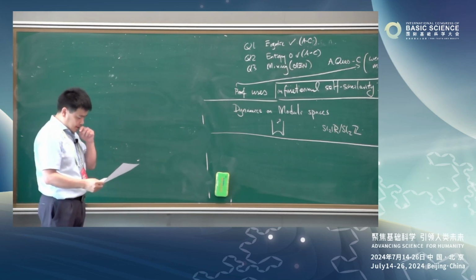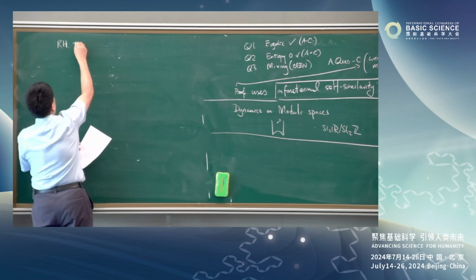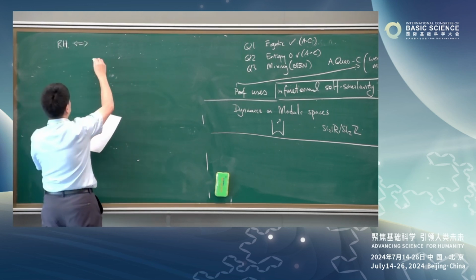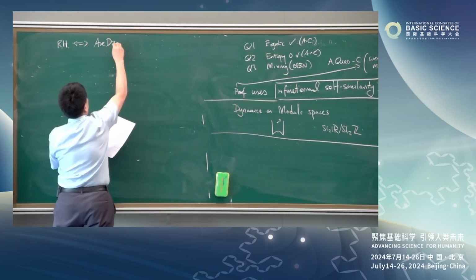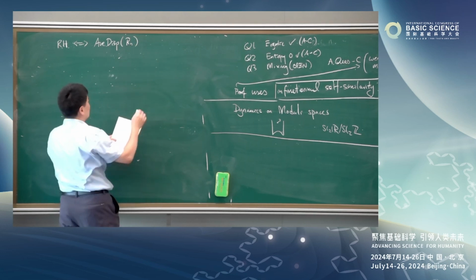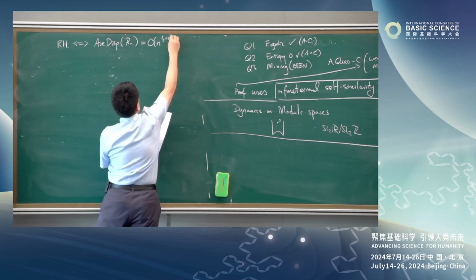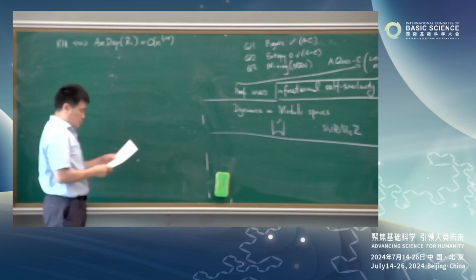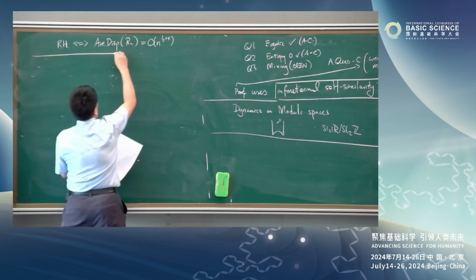I only have maybe 10 or 15 minutes. So I was explaining here that the Riemann hypothesis is equivalent to saying that this average displacement of the random walk generated by these BCZ cocycles along periodic orbits is O of n to the 1/2 plus epsilon.